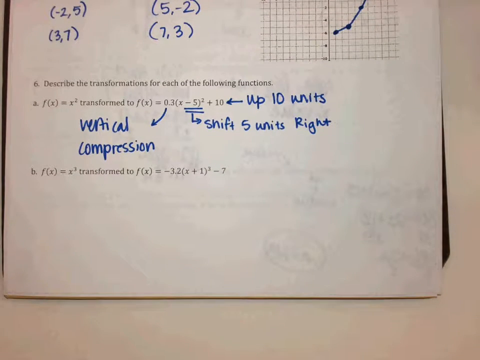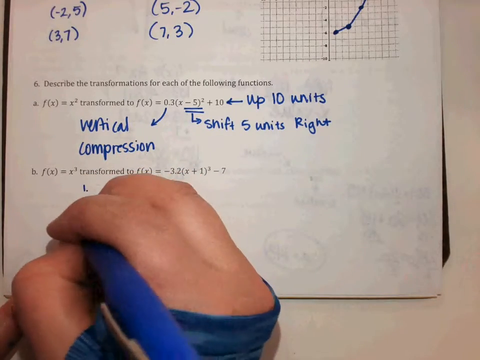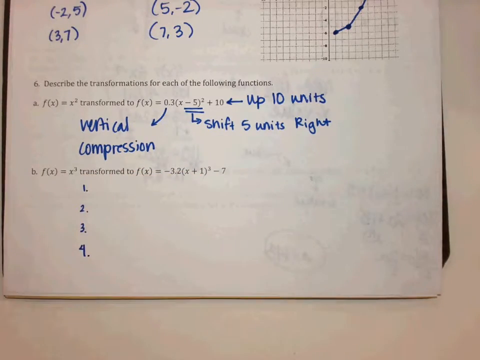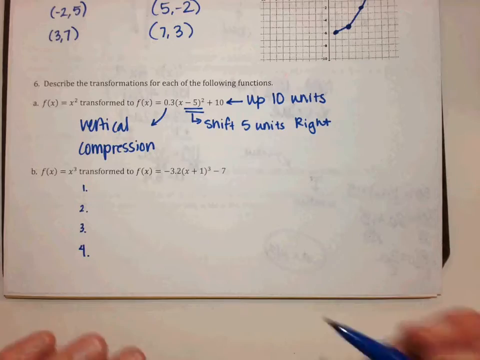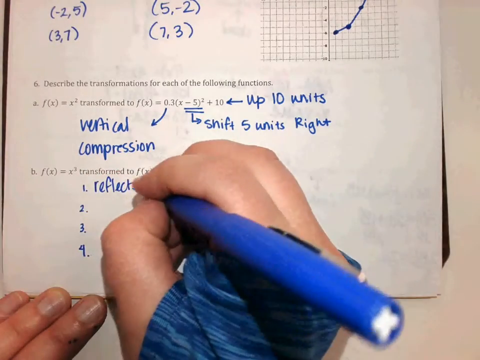Okay, look down at the next one. This time we have 4 changes. See if you can list them out and then we'll do it. 1, 2, 3, 4. Okay, first one, what does the negative in the front do? Normally, an x-squared graph opens up, but if I put a negative in front, how does it open? Good, so it reflects down.